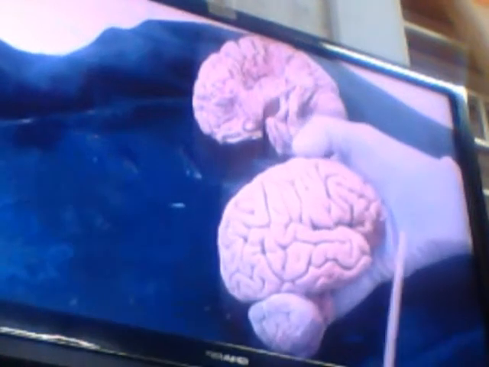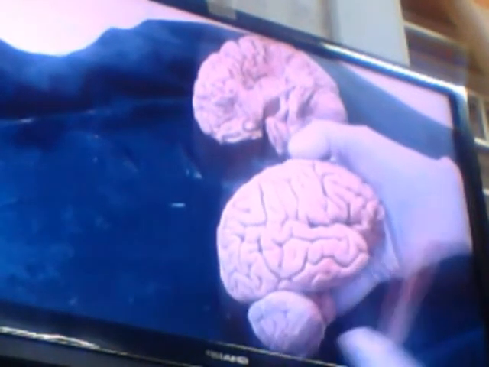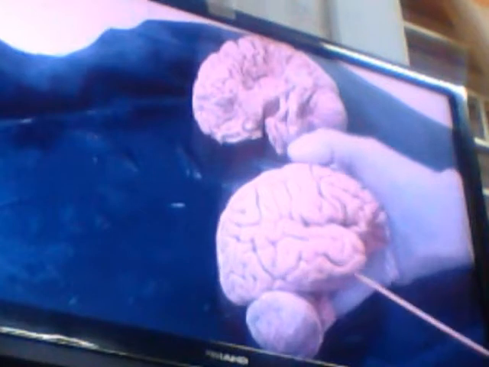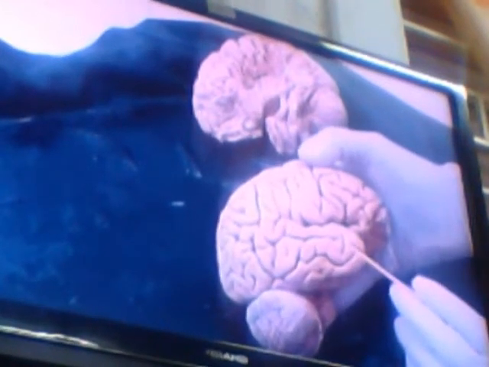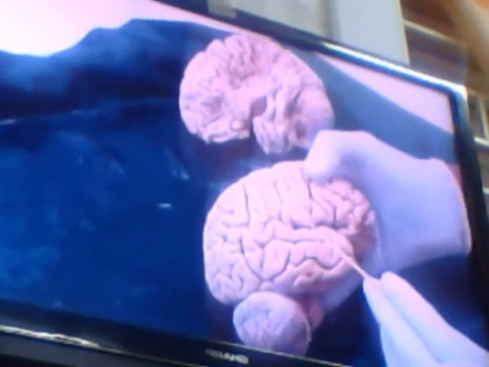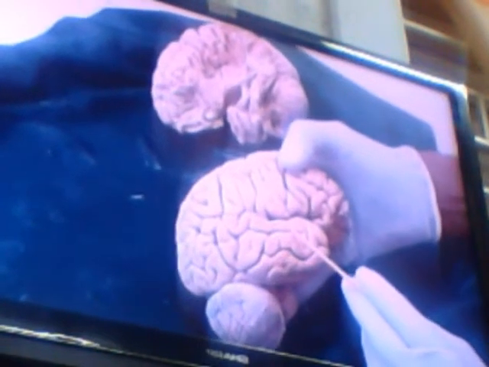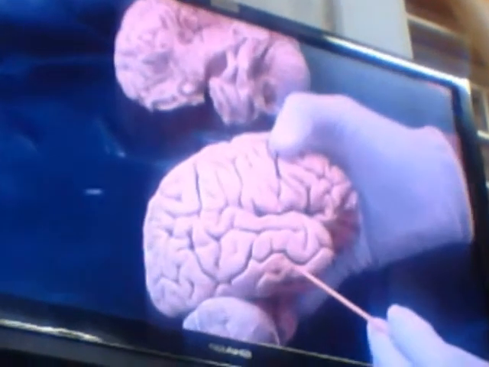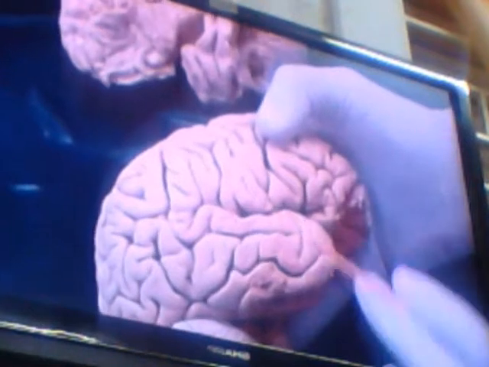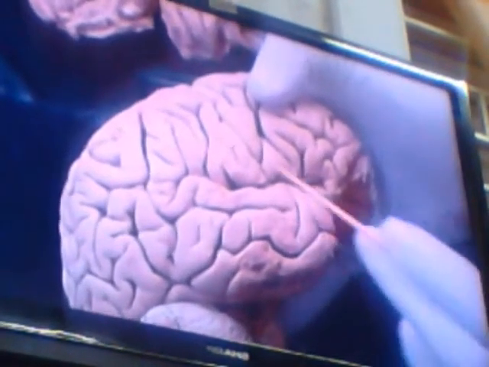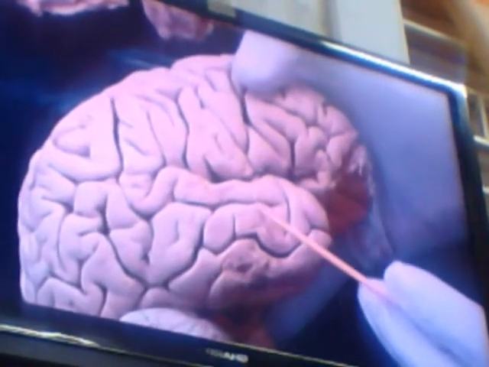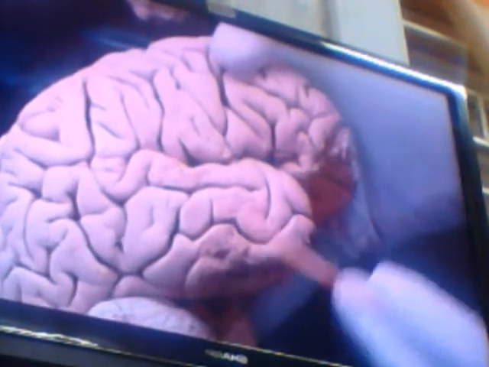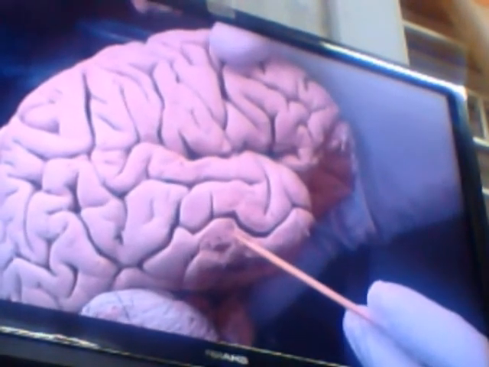Alright. Now on the inferior part we have the temporal lobe. And the temporal lobe has a superior, middle, and inferior what? Gyrus. So a superior temporal gyrus, a middle temporal gyrus, and an inferior temporal gyrus.